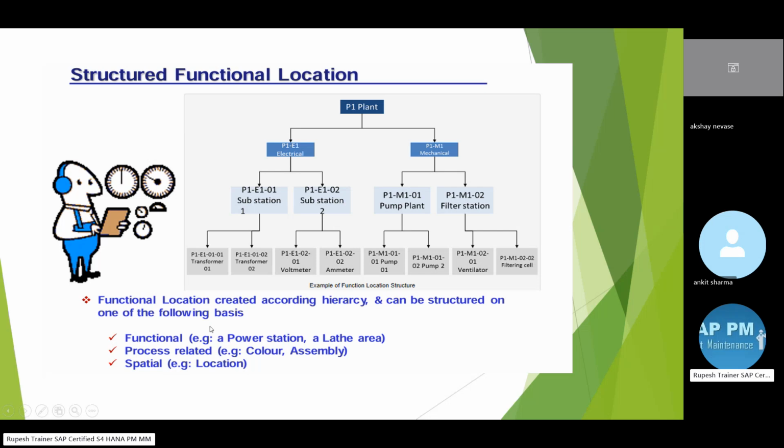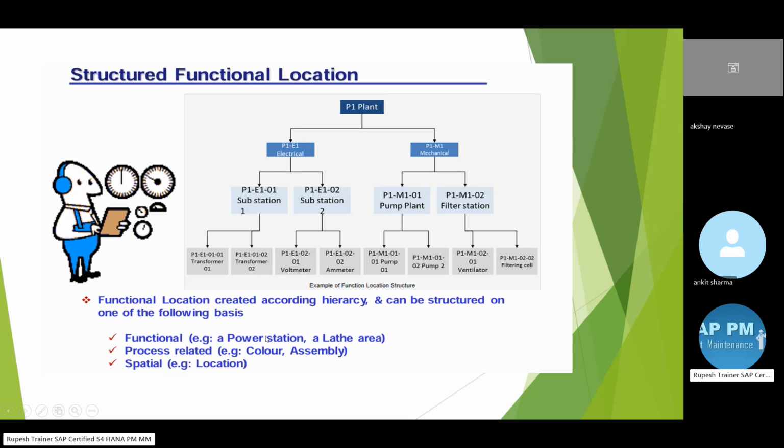Now the words SAP gives: you can structure on the following basis, function or process or spatial. Process means like your cooling line, steam line, vent line, drain line, or even boiler, compressor, chemical system, even the store, any process.